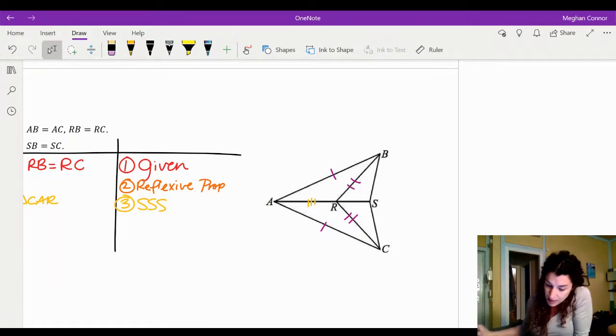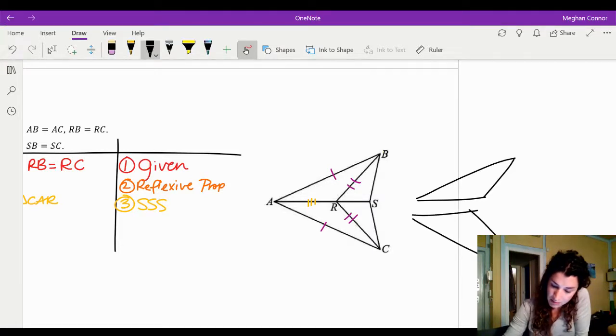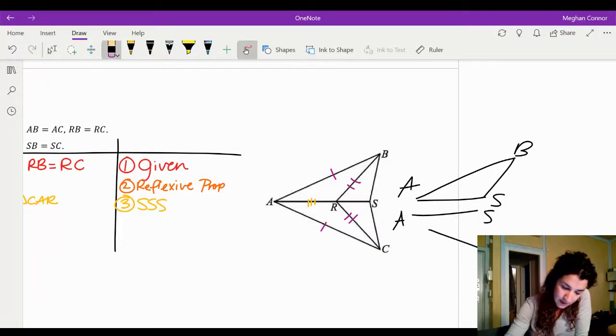So right now I've got AB and AC are equal between those two big triangles. I could even draw them separately if I so desired. Again, it doesn't need to be perfect, but A, B, S, and A, S, C. I have already that this guy is equal to this guy.